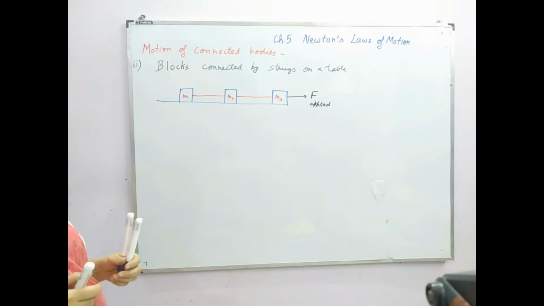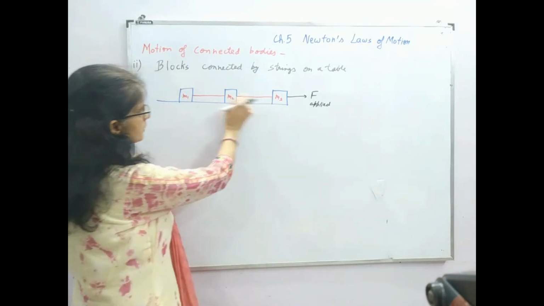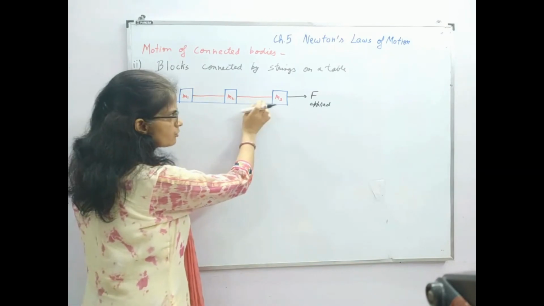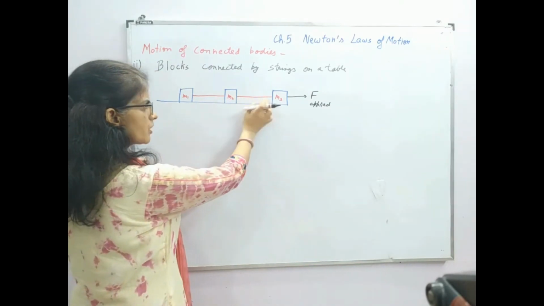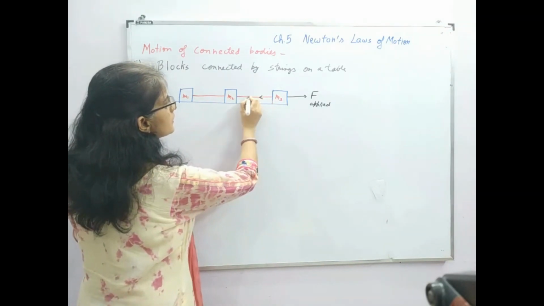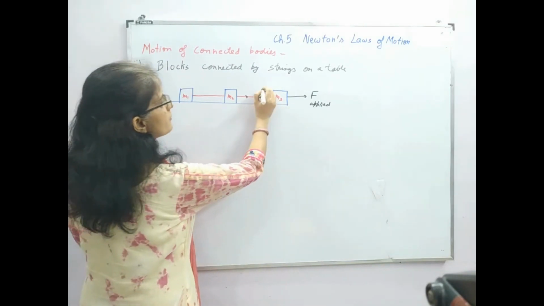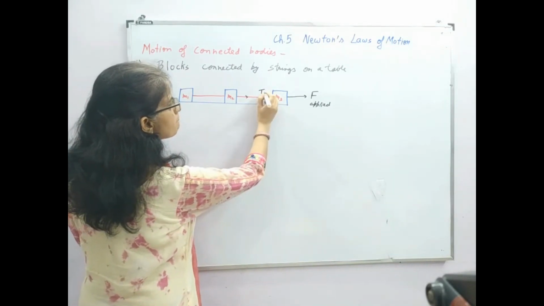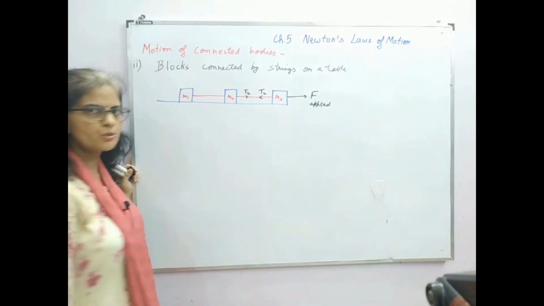Now we have to mark the tension. We know that there is a tension between these two masses on the string between it. The same string is there between these two. So I can mark that these two tensions are same. For this, I will mark this tension away. So if I'm marking this as tension 2, so this will also be tension 2.